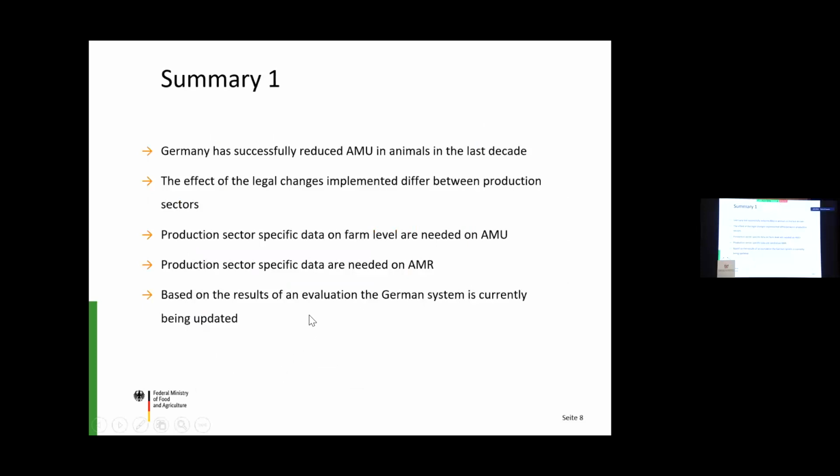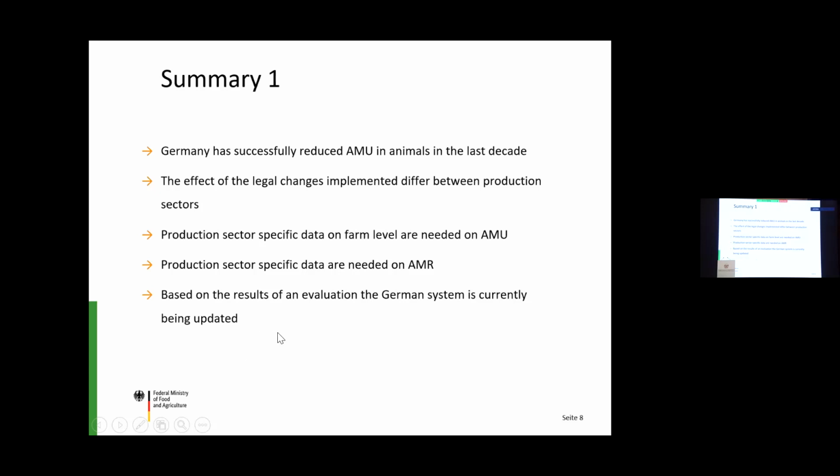So in summary, for this part, we did successfully reduce antimicrobial use in the last decade. These effects have been due to many legal changes.